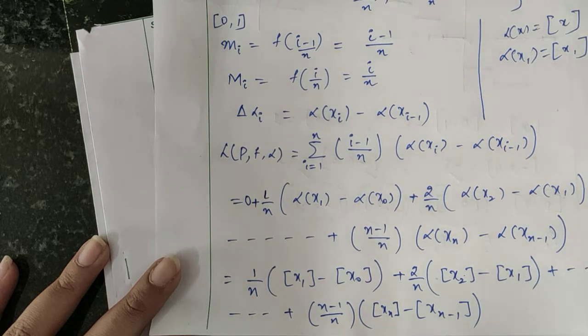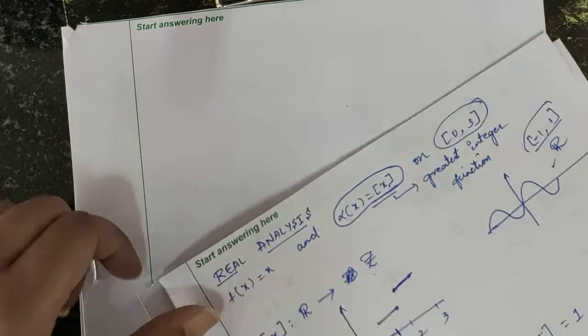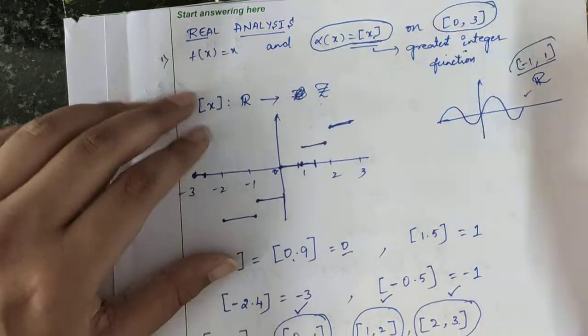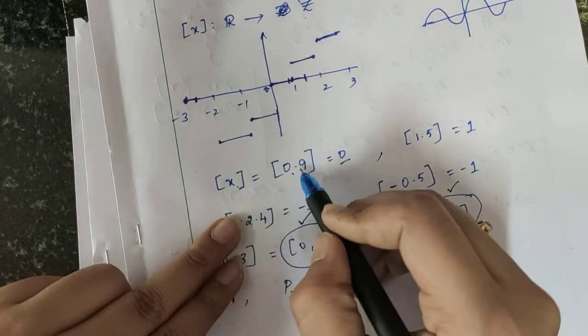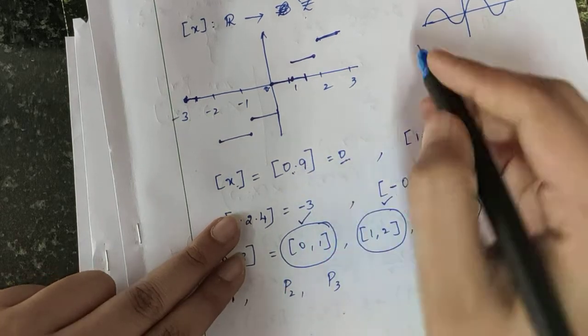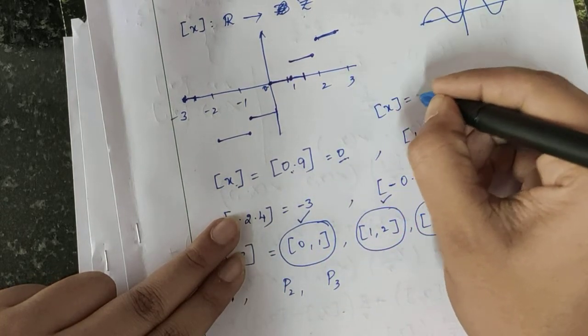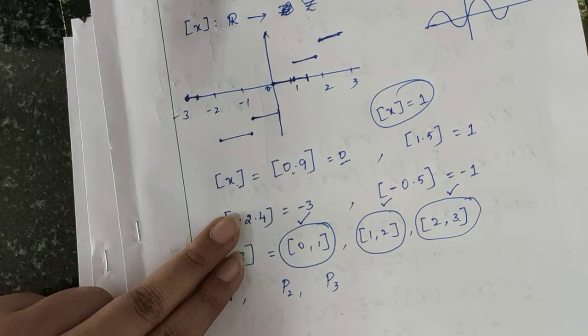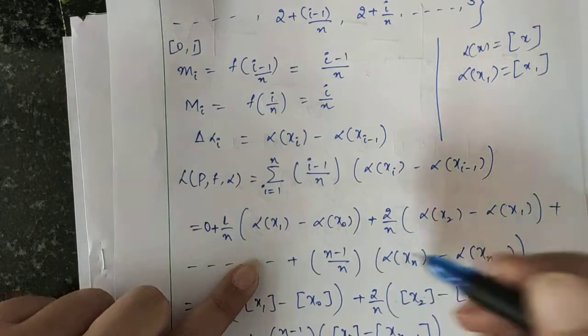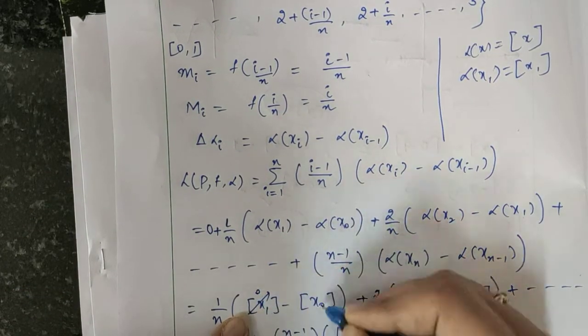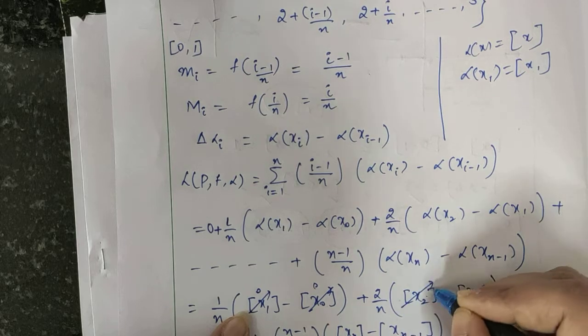How can I substitute the value? From the definition of the greatest integer function, we know that if the x value is up to 0.9, it will be 0. If x is equal to 1, we will retain that as it is, right? So now here I am considering the interval from 0 to 1. So this will be 0, this will be 0, this will be 0.